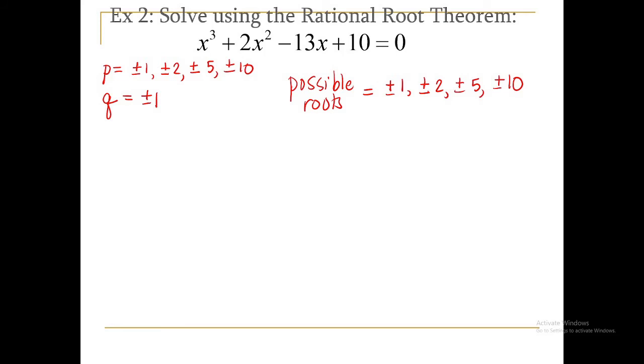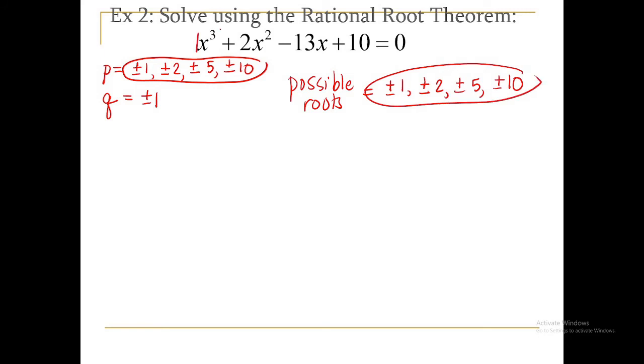And look at the possible roots and the values of P. You have noticed that the values of P are totally the same as the possible roots, if the value of Q is 1. So right away, if the value of Q is 1, look for factors of your constant term. Those are your possible roots. Is that clear? Yes, sir.